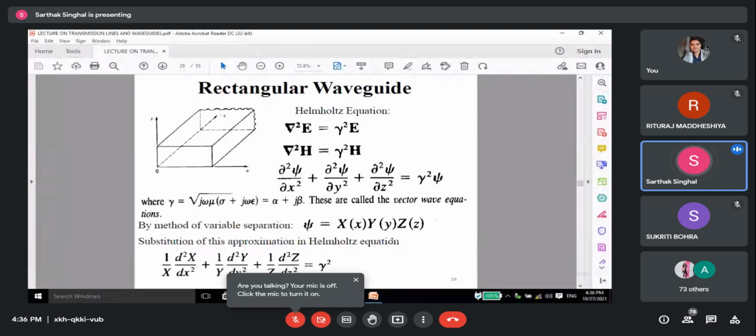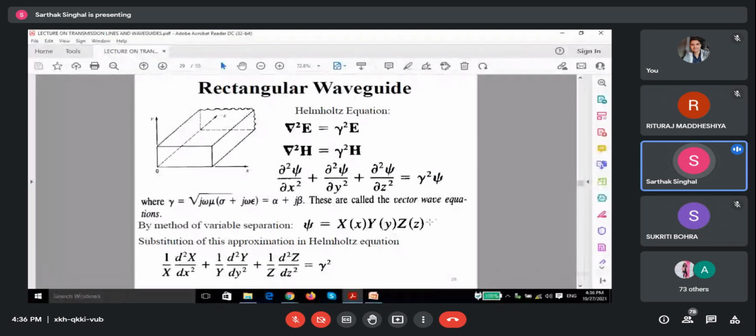That is, X is a function of X, Y is a function of Y, and Z is a function of Z.